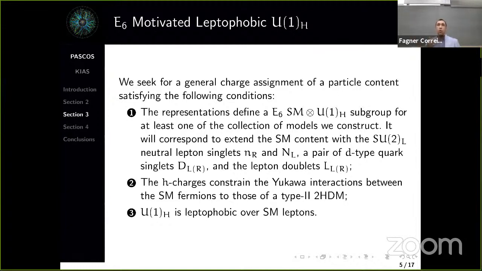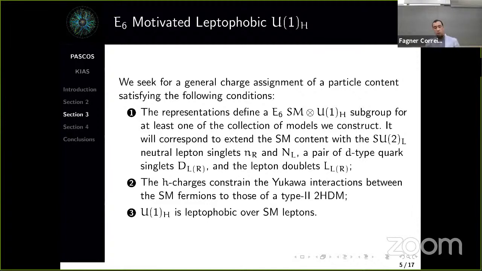And how we do it, we basically ask that at least for one of the models that we will provide, we should be able to reproduce the standard model times U(1) breaking pattern, following the breaking pattern of the E6 theory.